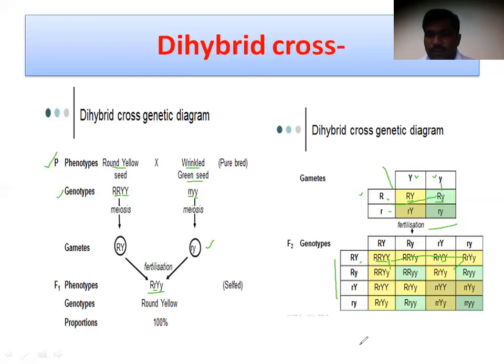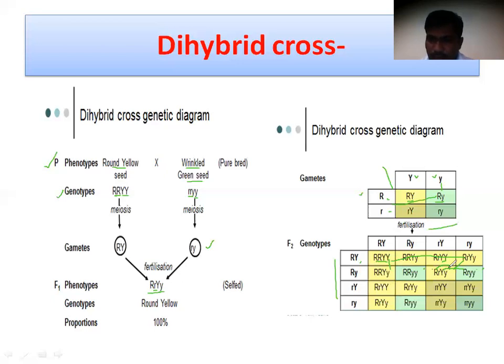This one is round green, and this individual is round green. So you draw a triangle in it. These individuals are the round green individuals, and then the remaining one, capital R, small r. In this triangle again, this one.